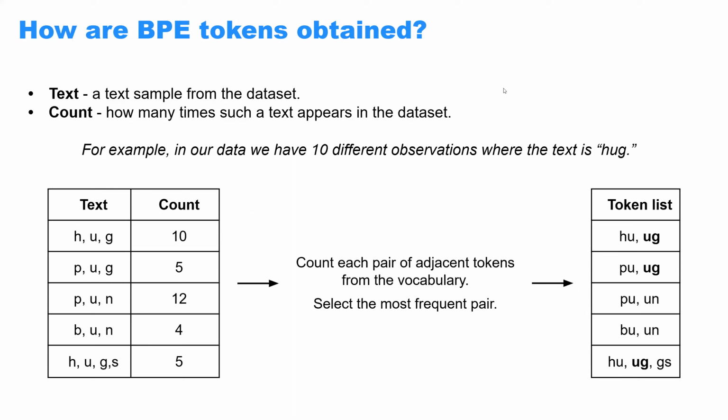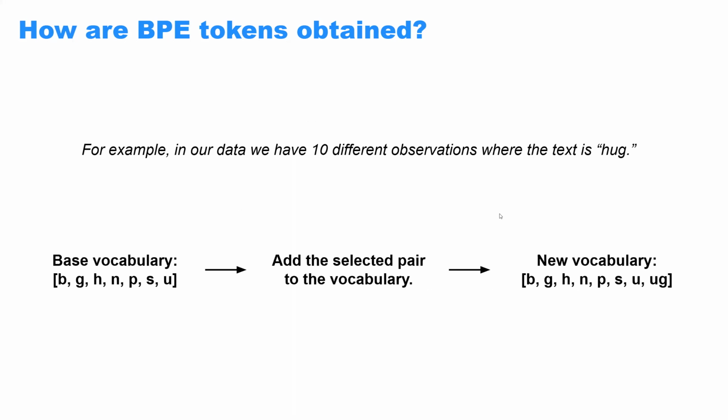So we are counting each pair of adjacent tokens from our vocabulary. The adjacent tokens from our texts were like HU, UG, PU, UG, and etc. So the most frequent pair is UG. We choose this pair and add it to our vocabulary.